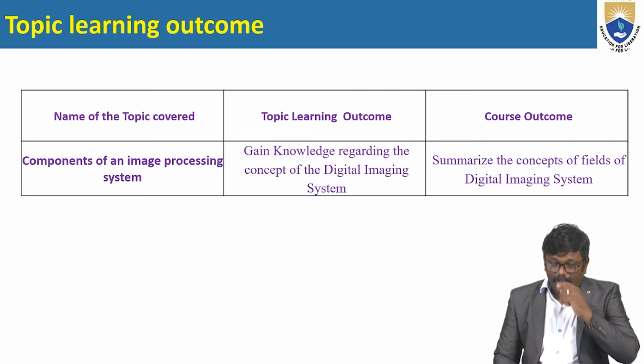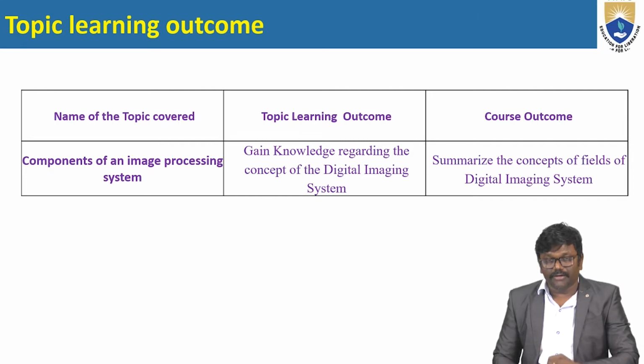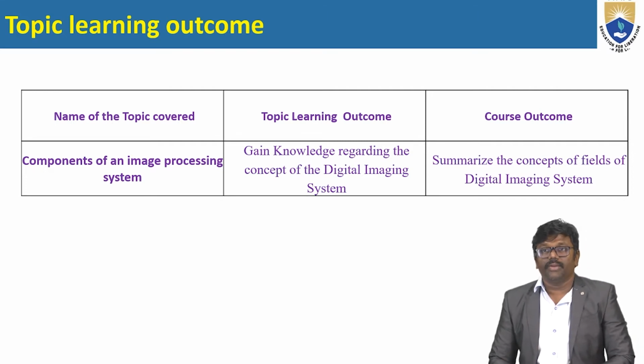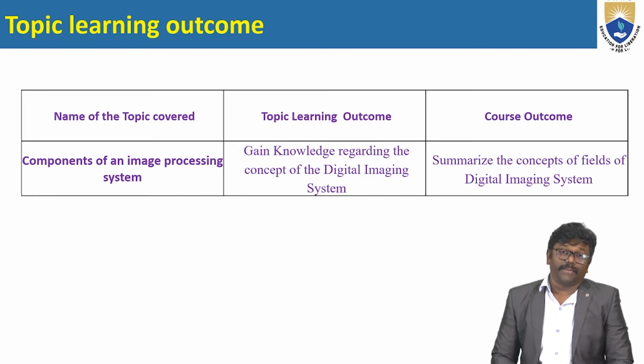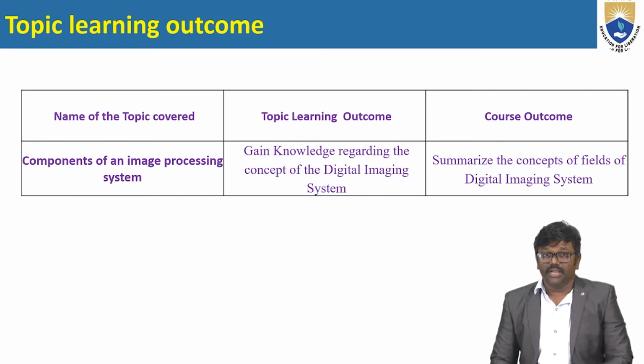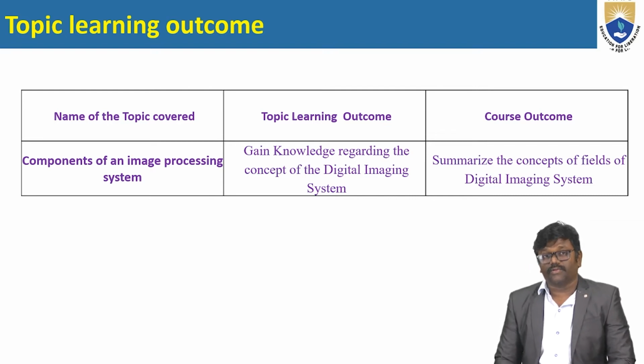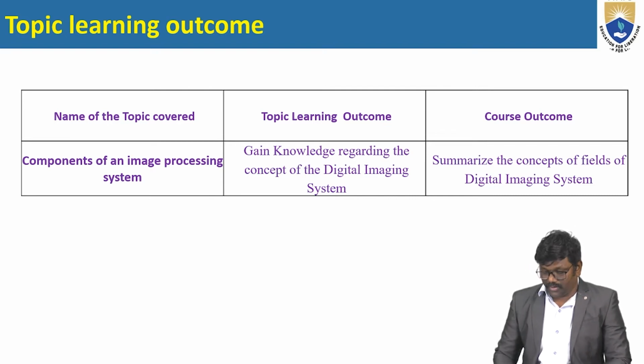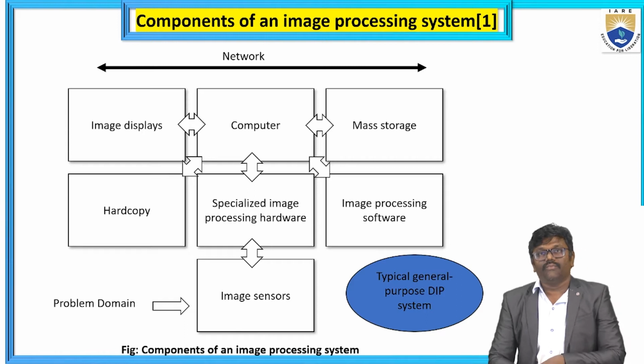Such a digital imaging system is achieved based on the preparation of a digital image processing system by using the components of image processing. So we are going to understand what components of an image processing system we are going to use.